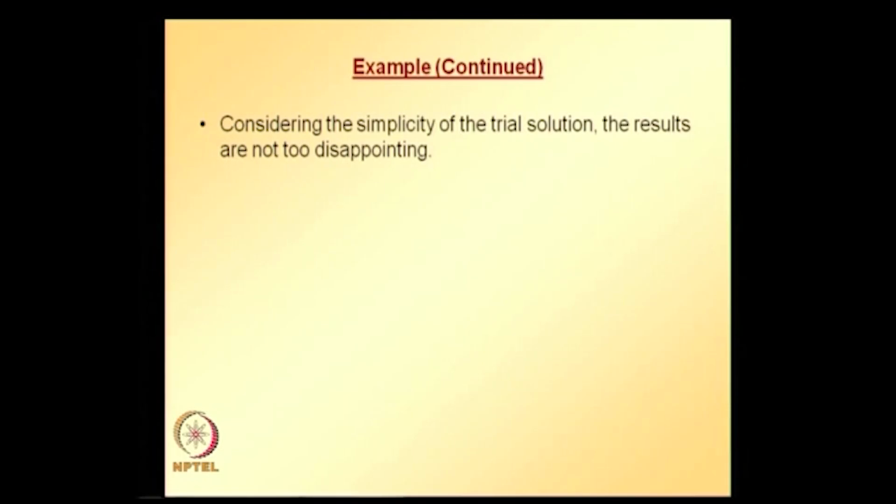Now let us look at some points related to this technique and this problem. Considering the simplicity of the trial solution, results are not too disappointing, meaning whatever results you have seen, the approximate solution itself is good, but the derivative of the approximate solution has some error.